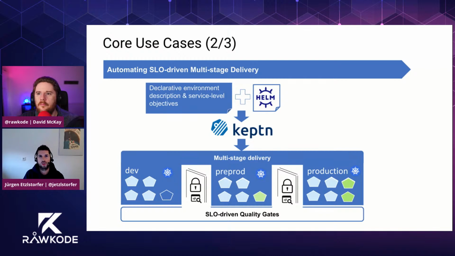Everything that's queryable, or that's a metric, and you can query this from, for example, Prometheus. You can define some service level objectives, and Keptn will set up a multi-stage delivery pipeline for you. And between each stage, Keptn makes sure that it evaluates the quality of your microservice based on the service level objective that you have defined. And you just define it in a YAML file, and the deployment, the triggering of the tests and then the evaluation, this is taken care of by Keptn.